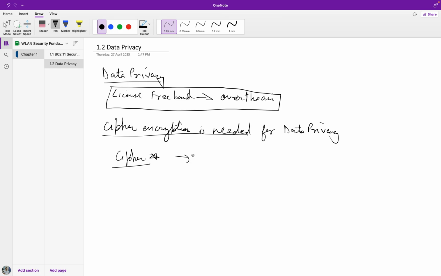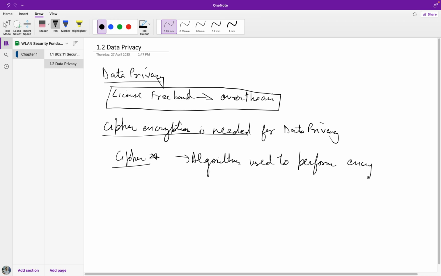It's just an algorithm used to perform encryption. Now the two most common algorithms used to protect data are RC4 and AES.